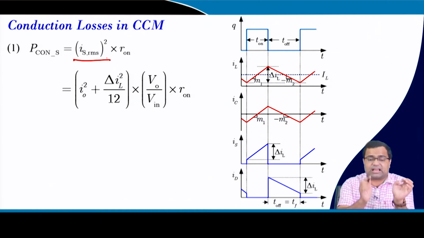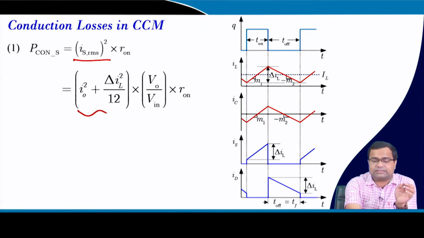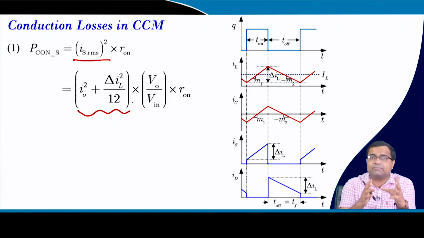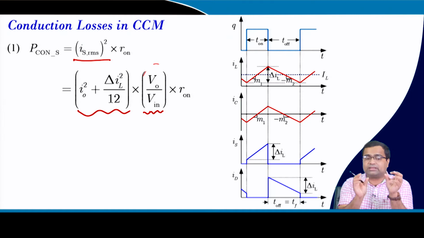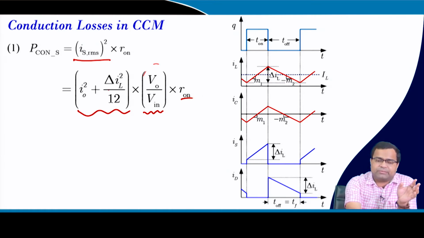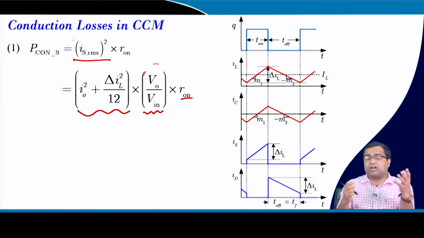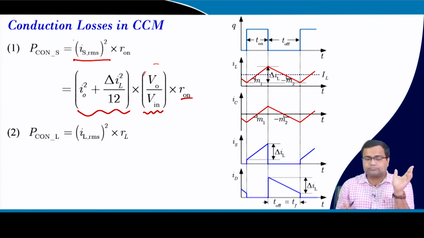So, the expression of this RMS current is the RMS square of the inductor current, multiplied by the on time D, that is the duty ratio, the portion of the time when the high side switch is on, into its R1. That means the switch RMS current square is nothing but the inductor RMS current square into the duty ratio.